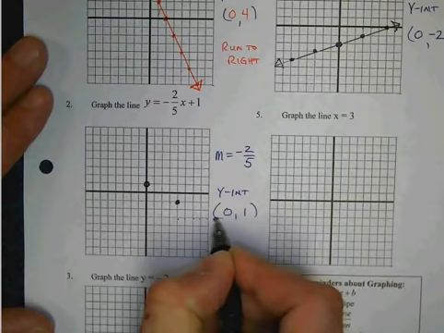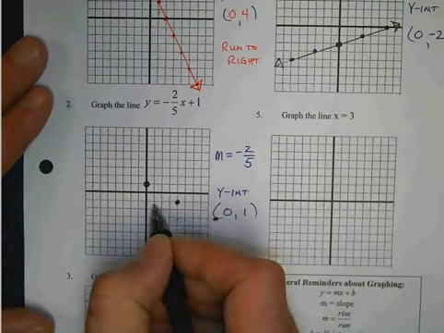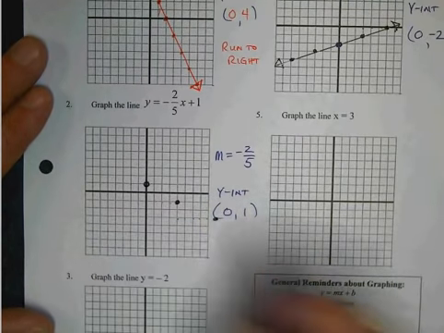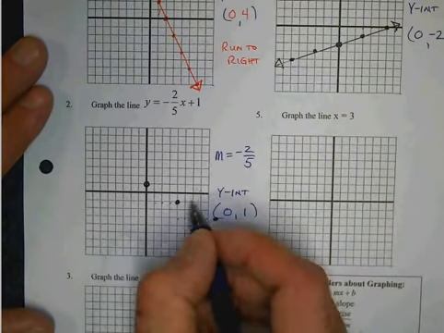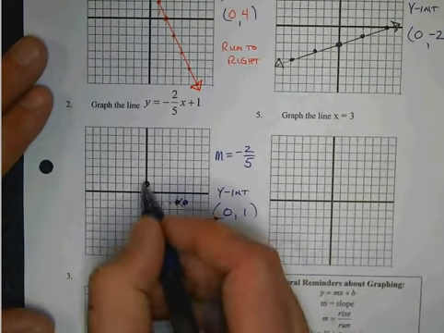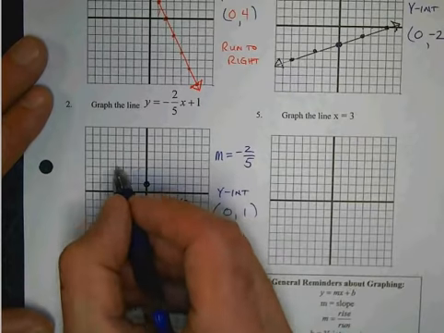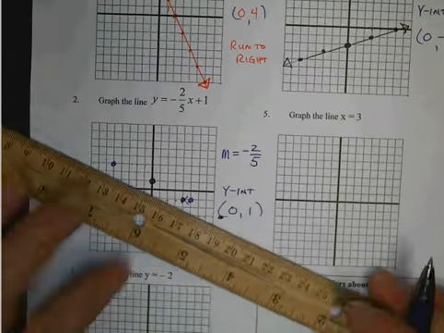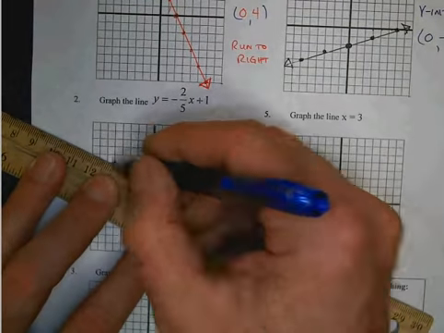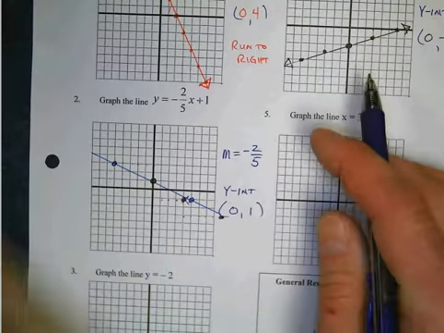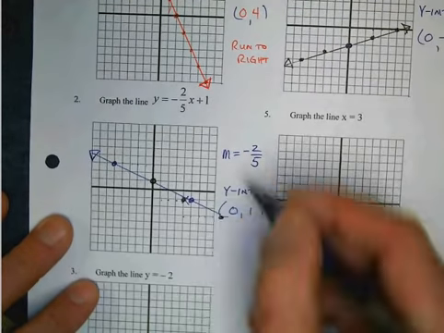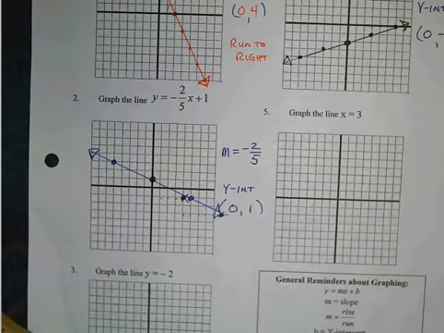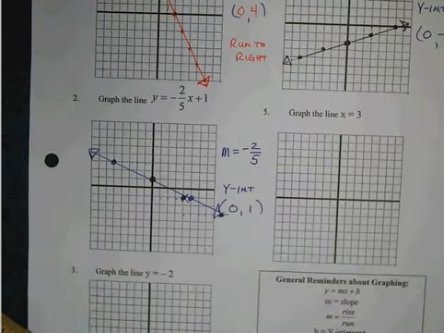A little off there. Whoops, I made a mistake. Sorry. 1, 2, 3, 4, 5. In this case, I can only fit 3 points on the graph because you have such a horizontal type of a graph. Put your arrows on there. There's more off the graph than on the graph. And it's going down and over.